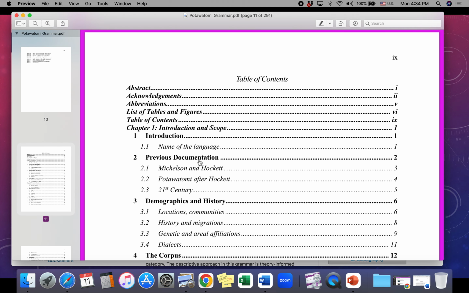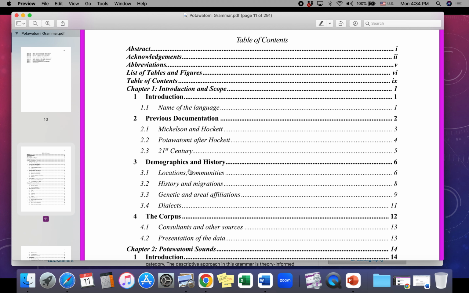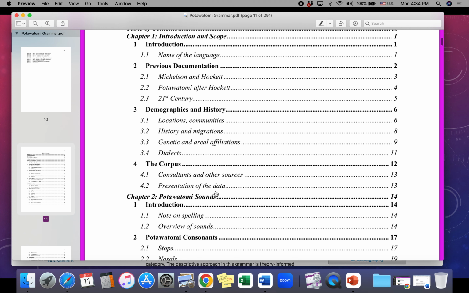So, for example, I'm going to scoot ahead to the table of contents here. In the beginning of his grammar, he talks about the name of the language, other people who have worked on the language linguistically, demographics and history. Corpus is where he got his information, so different texts, different sources.